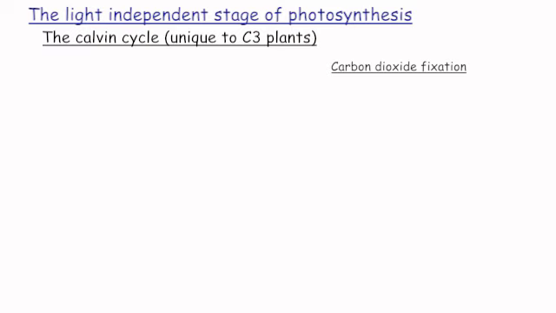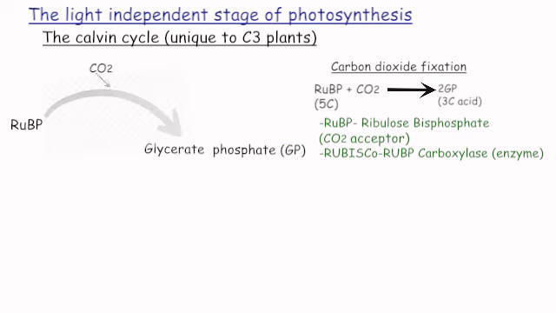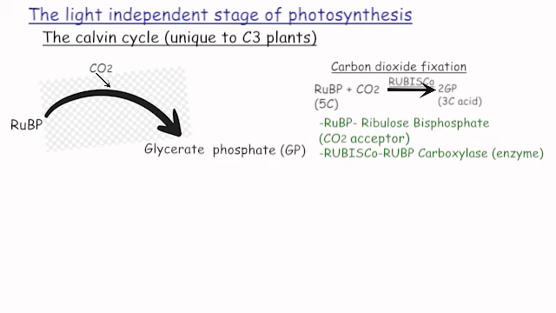What happens to this carbon dioxide is that it combines with the 5-carbon acceptor called RuBP, or in full, ribulose bisphosphate, and that forms a 6-carbon compound which is unstable and immediately breaks to form 2 molecules of GP, or glycerate phosphate. Now this all takes place in the presence of an enzyme called RuBP carboxylase, or Rubisco.